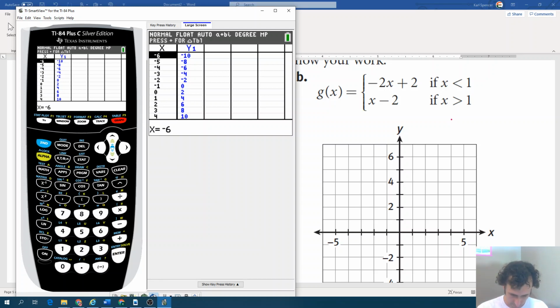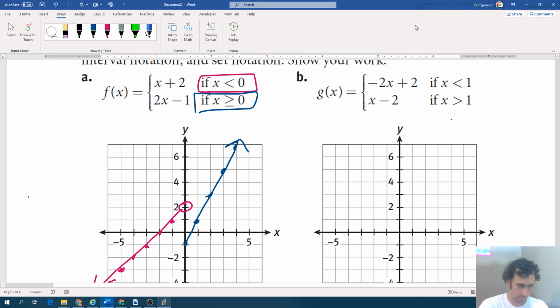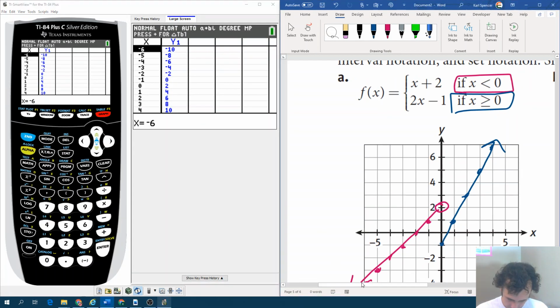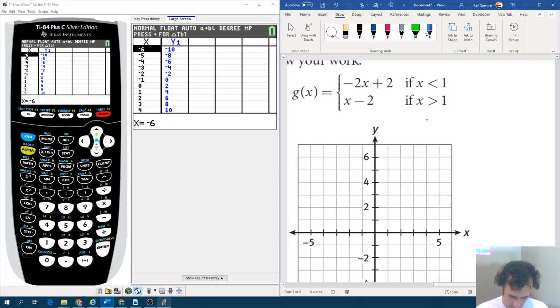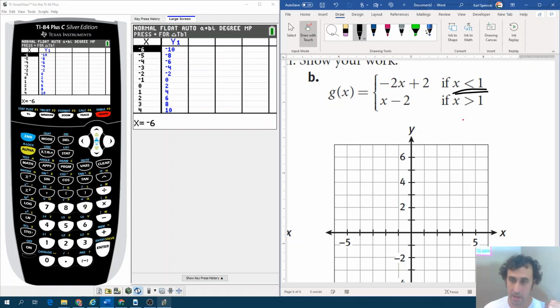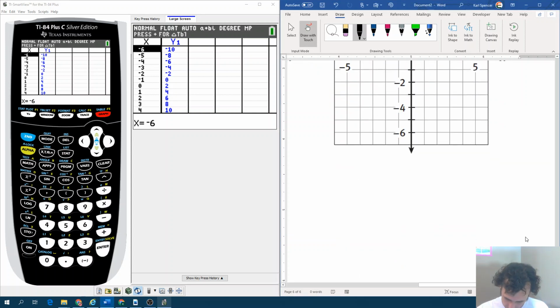Let's make it so we can see both at the same time. That'd be nice. Put that over there. That works much better. We can see them both at the same time now. So my transition from one equation to the other is going to happen at x equals 1. So again, I'm going to plot the first equation when we're less than 1. So scroll down just a little bit.